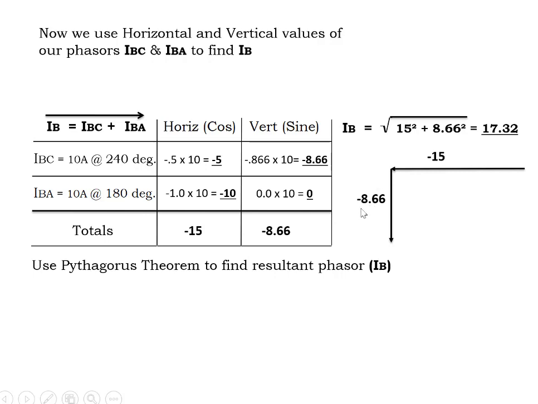At this point, it doesn't matter whether the values are negative or positive, because as soon as you square them, they give you a positive number anyway, and it just gives us the value of that current. And again, the line current B ends up being 17.32 amps, and again will be 30 degrees away from our phase current.